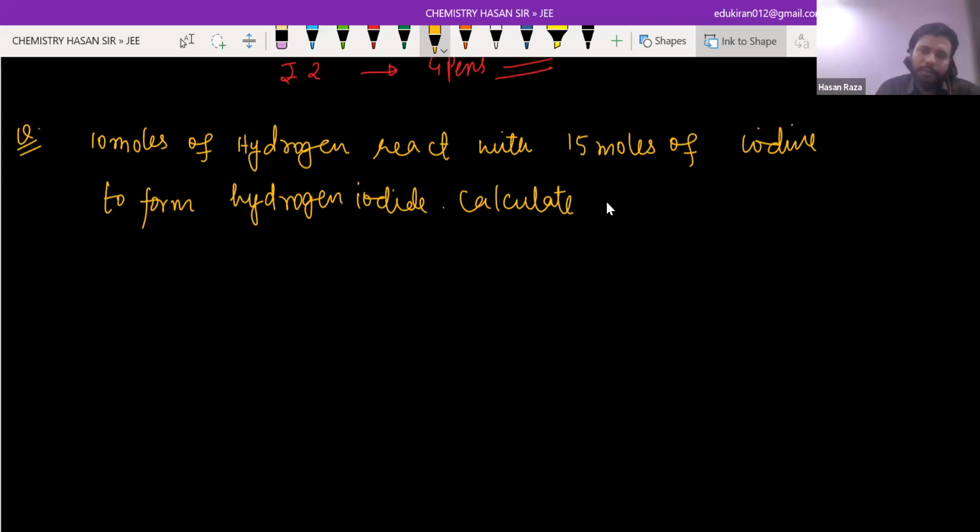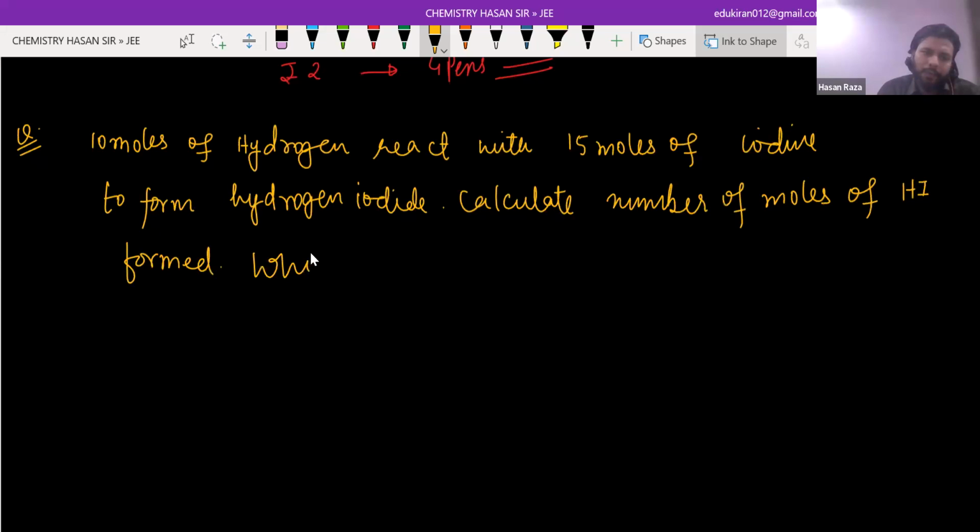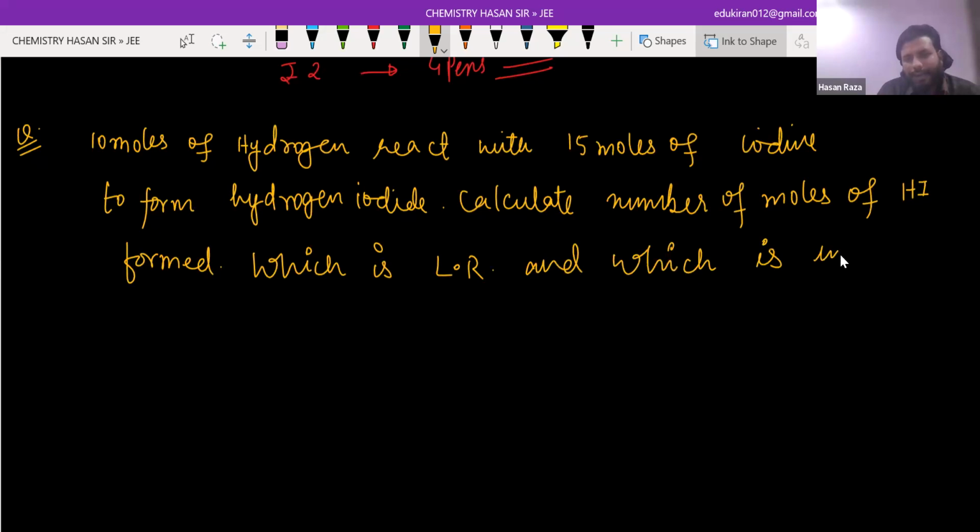Calculate the number of moles of hydrogen iodide, HI, formed, which is the limiting reagent and which is in excess.